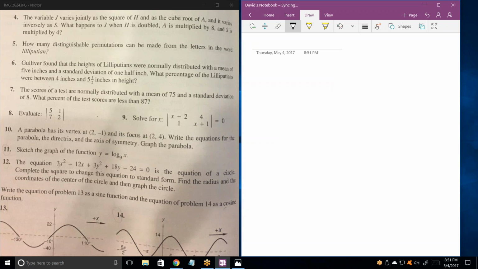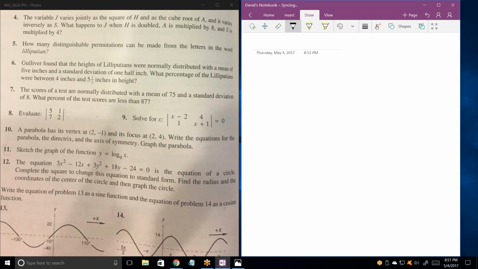They do the hard work for you. They tell you it's an equation of a circle. The reason they do that is because they haven't taught you about ellipses and hyperbolas yet, so they can't really ask you what that is the equation of. The reason it's the equation of a circle is because the coefficients of the x squared and the y squared are the same, and they are being added.